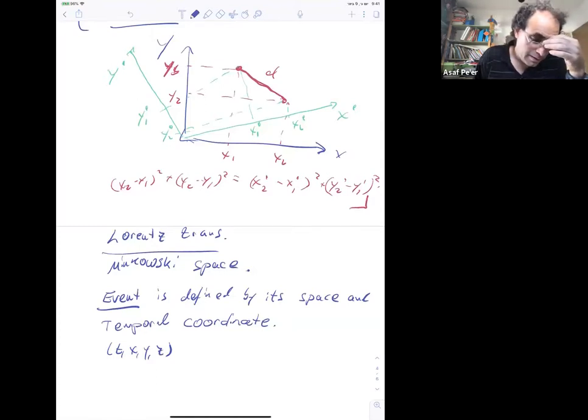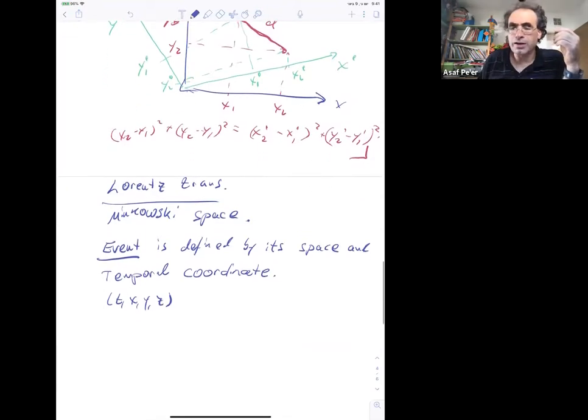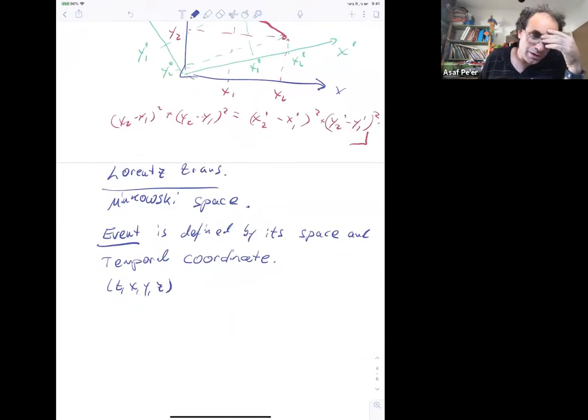Now, it is much more convenient that rather than working with x, y, z, and t, we just use Greek superscripts, with indices that run from 0, 1, 2, 3.